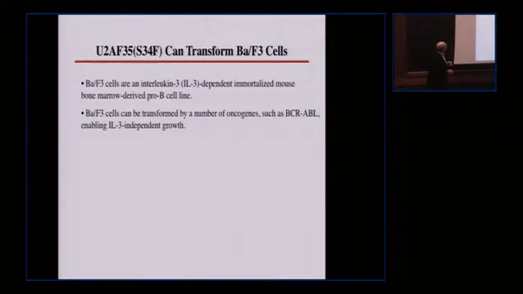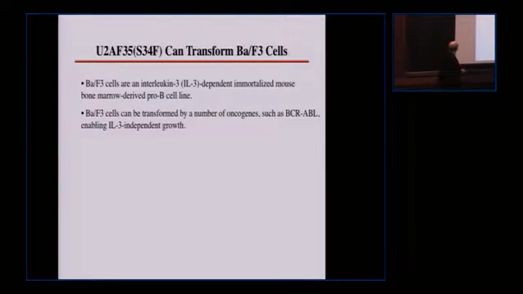The first is, in all the previous studies, they introduced oncogenic U2AF into cells at some arbitrary concentration and in often an arbitrary cell type. We sought to transform a cell with oncogenic U2AF35. That hadn't been done before, so that we can examine the consequences of any altered RNA processing event to transformation.